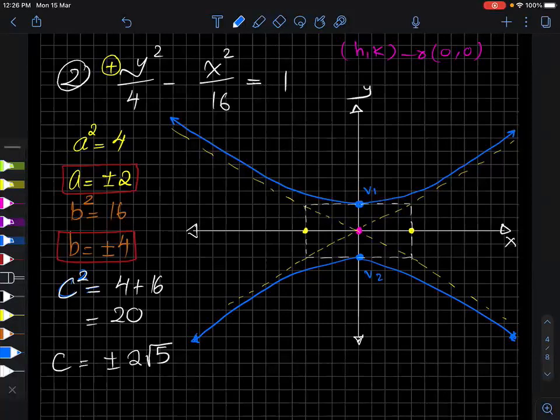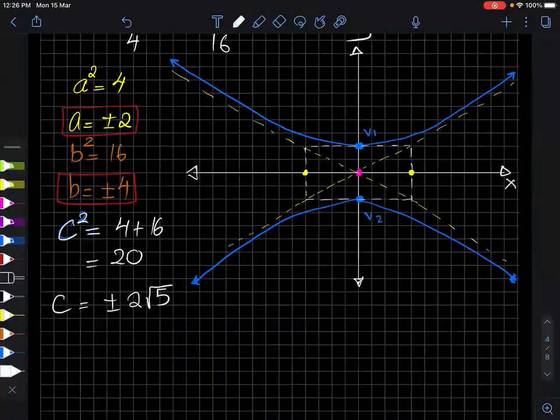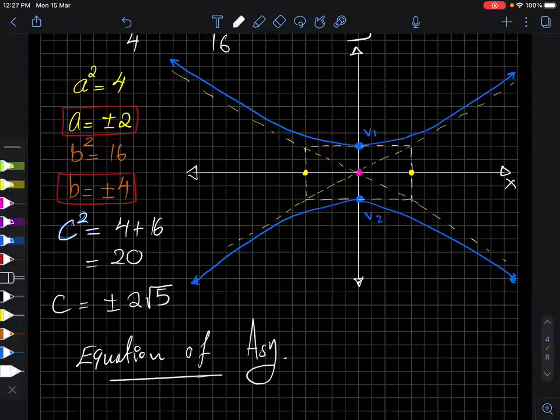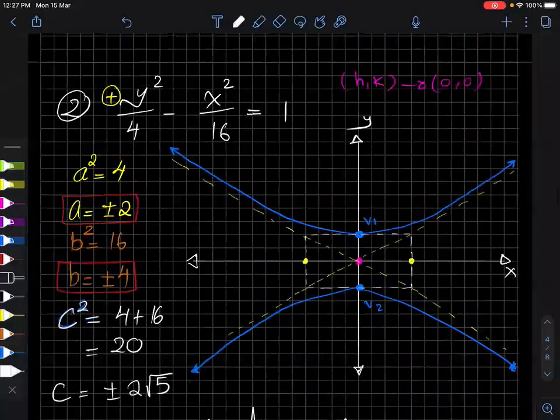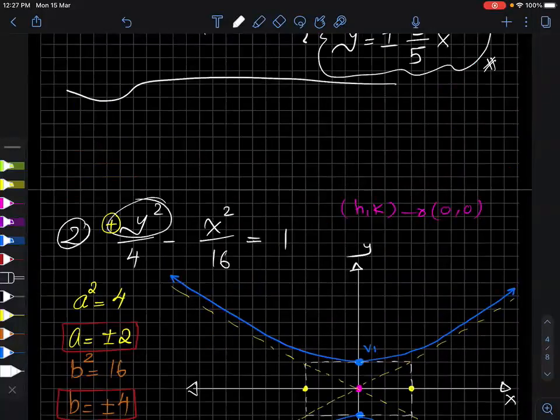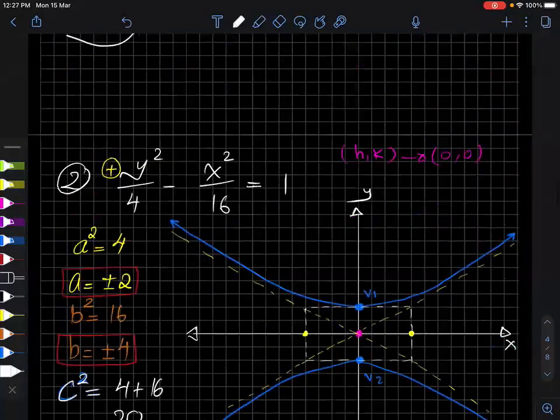Then write the equation of the asymptote. y equals. Who can complete this question? Omar Mohammed: a over b, excellent. a over b, x, because here my equation starts from y squared.